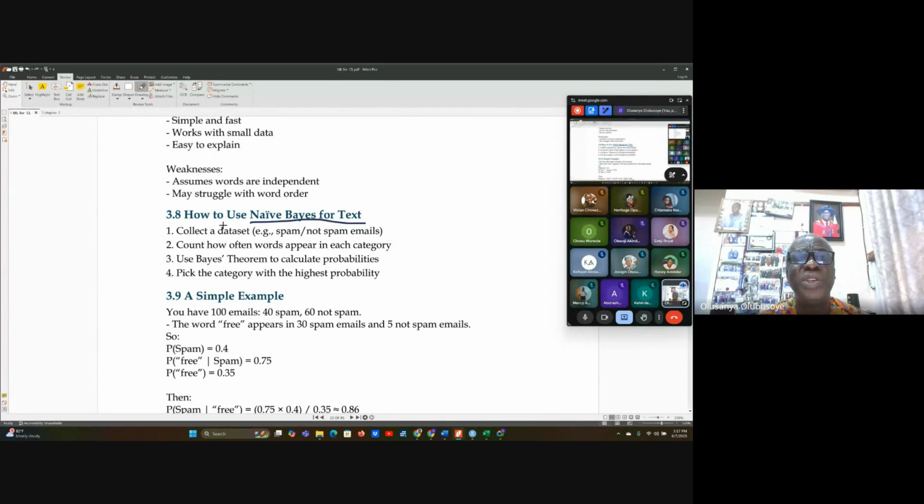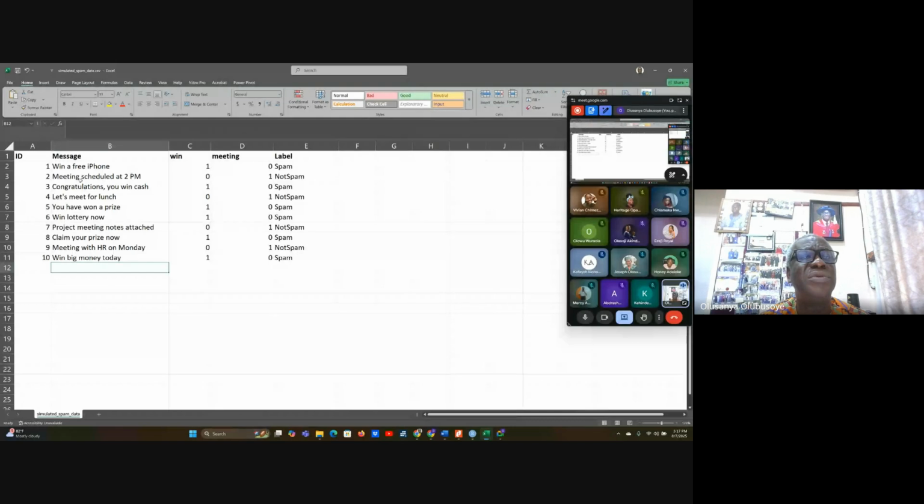To implement, we need data. We need to collect data similar to what we have here. And I'm also going to give you an assignment, that you will generate your own data similar to what we have here.